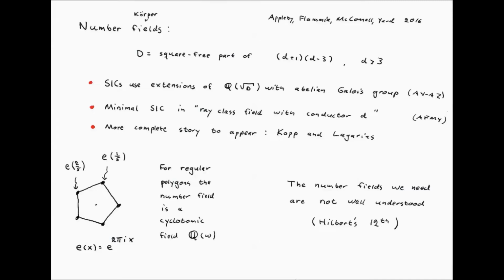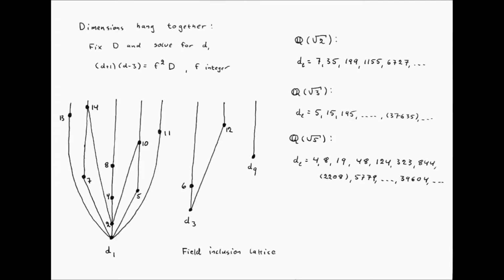Our problem should be sort of similar to this, but the catch is that the number fields that we need for the problem are not well understood. That's actually part of Hilbert's 12th problem, to understand these number fields as well as people understand the cyclotomic fields. So although this tells you where to go, it's not a complete solution.